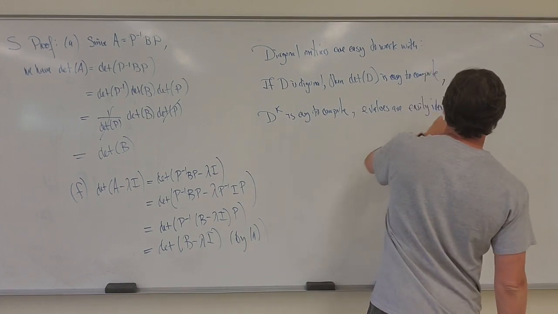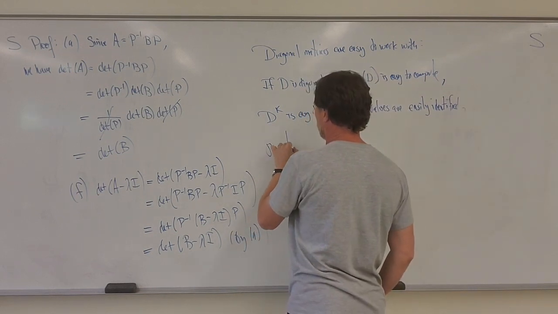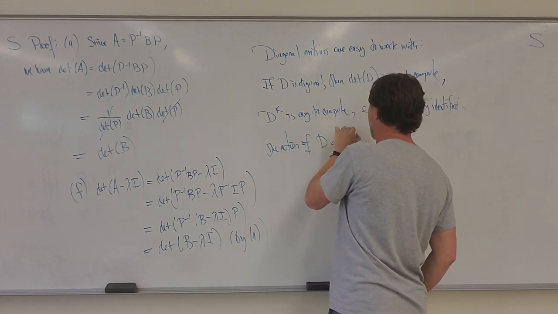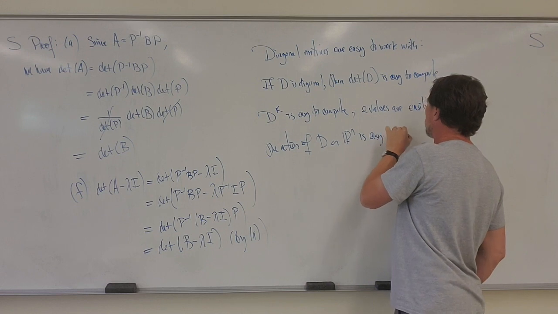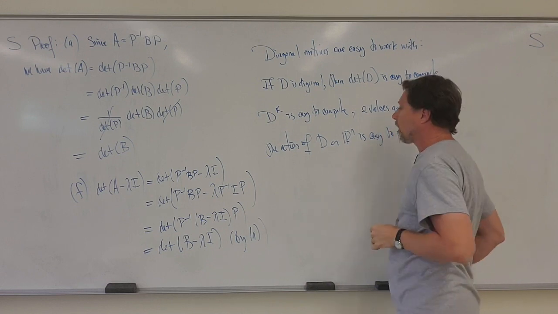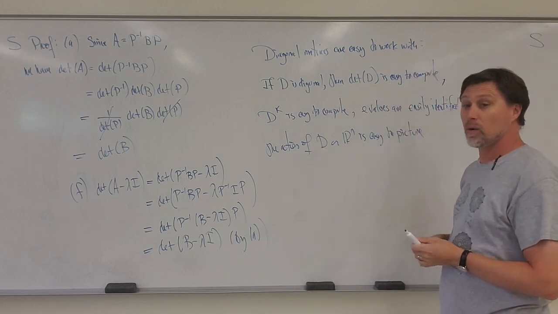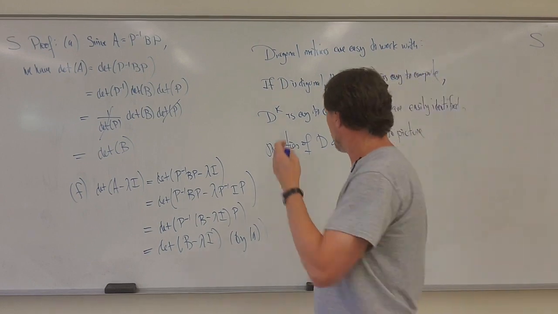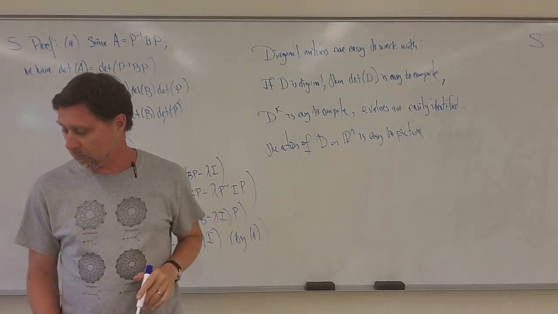And then one more thing, the action of D on Rn is easy to picture, right? Whenever you have an n by n matrix, so assume that D is an n by n matrix, it behaves as a transformation of Rn, an operator on Rn. And in the case that you've got a diagonal matrix, it's very easy to picture how it behaves.